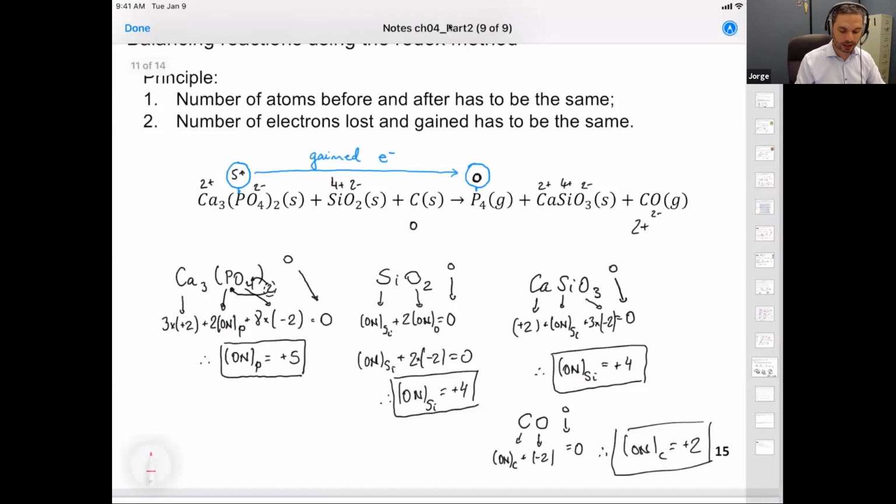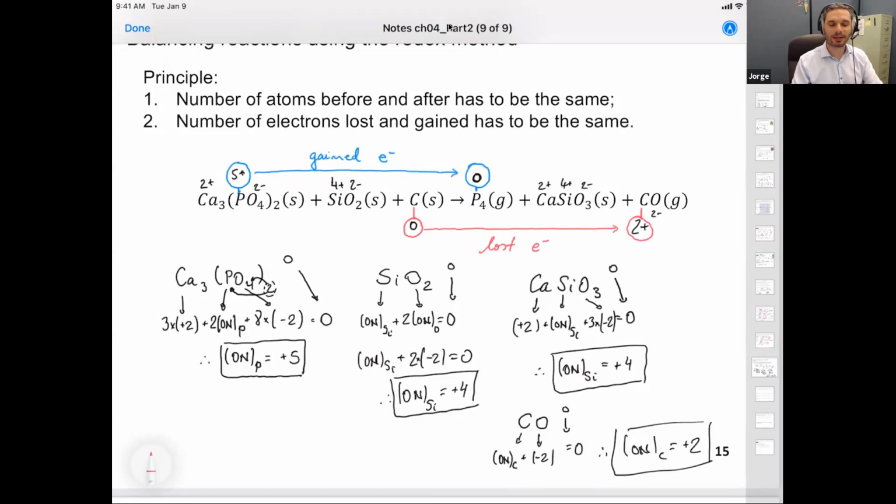On the other hand, if we look at the carbon, carbon started from 0 and at the end is 2 plus. If the oxidation number increased, that means carbon lost electrons.